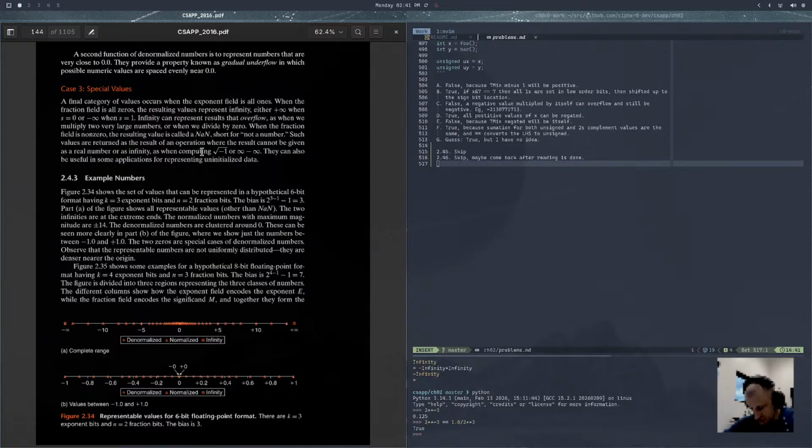And then denormalized show up in between, in the range around negative 0.2. I thought they went all the way from... interesting. Representable values for 6-bit floating point format. These are k = 3 exponent bits and n = 2 fraction bits. The bias is 3.